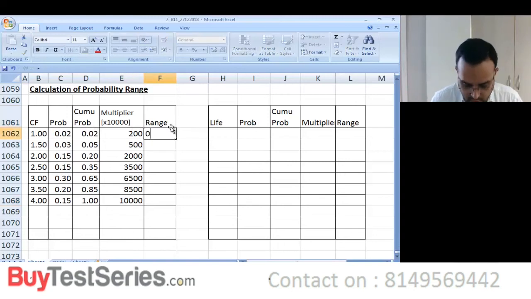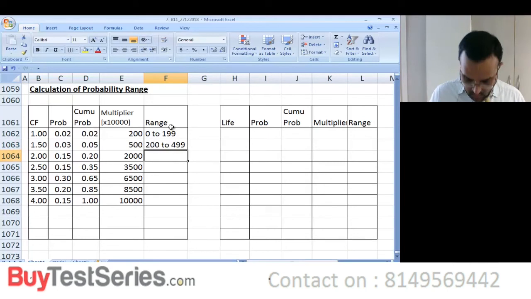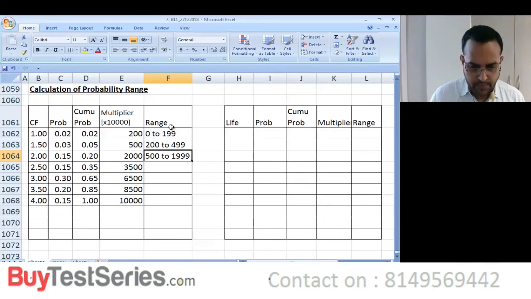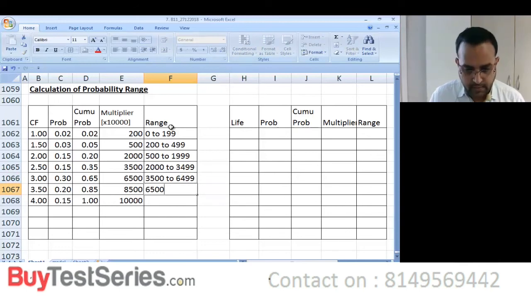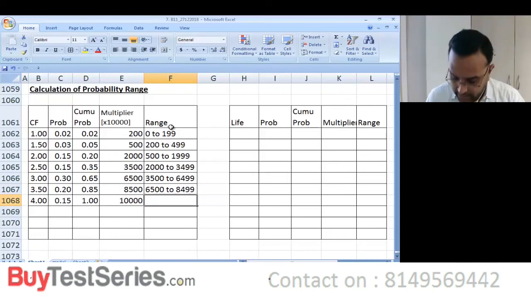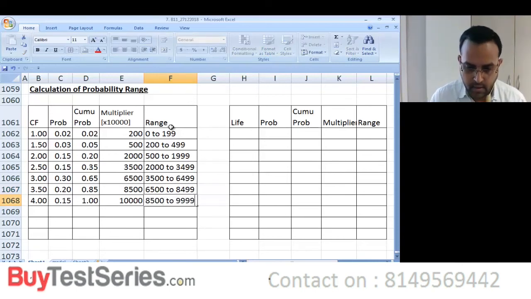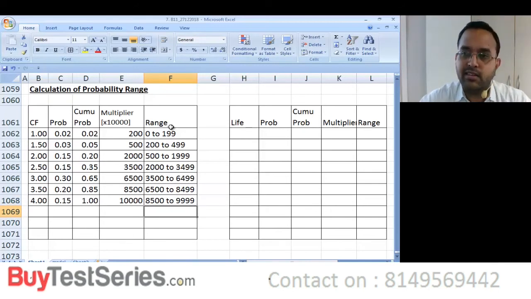And now the ranges are 0 to 199, 200 to 499, 500 to 1,999, 2,000 to 3,499, 3,500 to 6,499, 6,500 to 8,499, and 8,500 to 9,999. This is the range, right? You will have to repeat the same story for life.